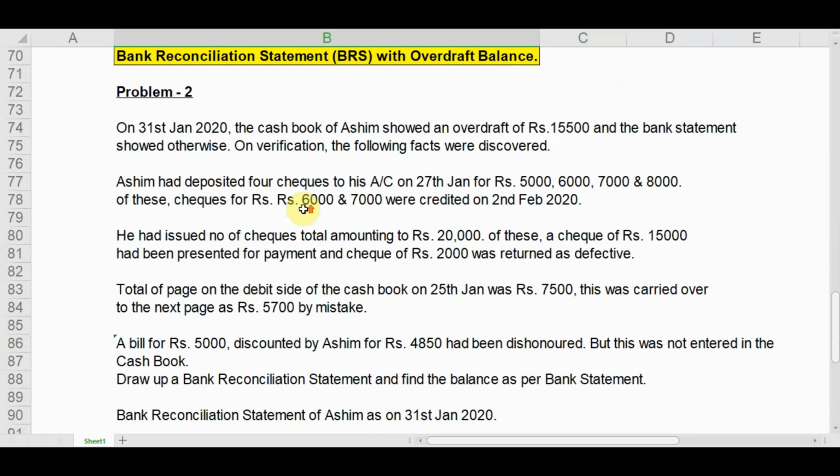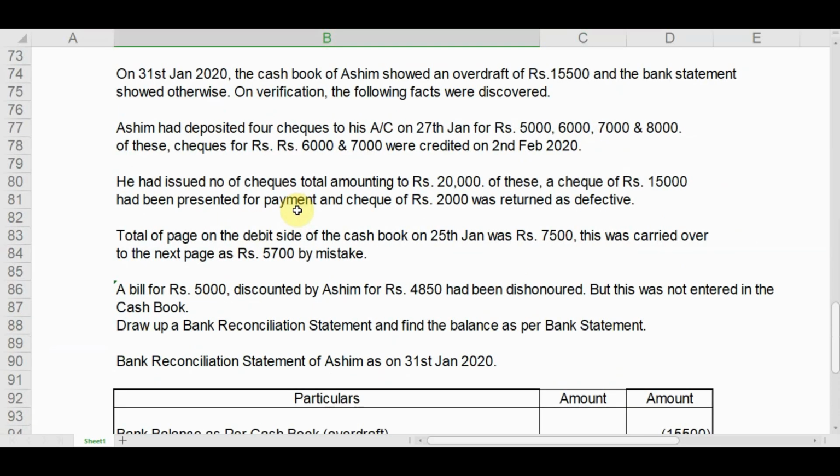So let's go to the next adjustment. He had issued a number of checks totaling rupees 20,000. Of these, a check of rupees 15,000 had been presented for payment and a check of rupees 2,000 was returned as defective.